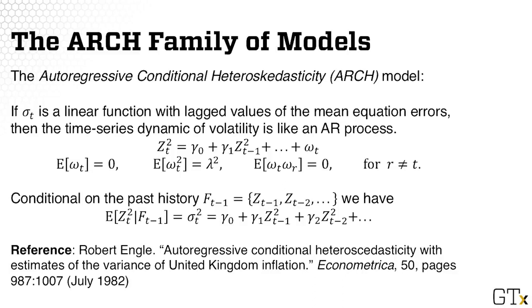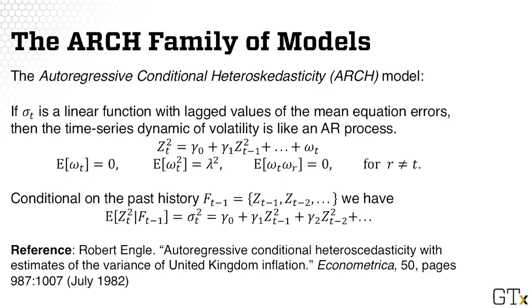But the expectation of Z_t squared is also equal to sigma_t squared. Hence, we model the conditional variance as a linear combination of past squared error terms: gamma_0 plus gamma_1 times Z_{t-1} squared plus gamma_2 times Z_{t-2} squared, and so on.